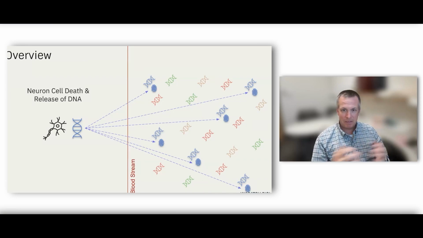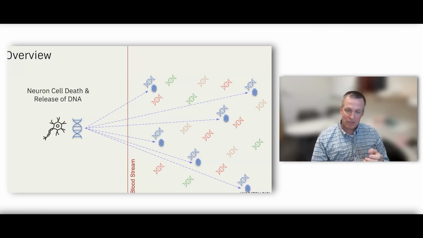The premise of this, as was mentioned before, is all focused on DNA methylation. DNA methylation literally acts like a fingerprint for individual cell types. And so if it is true that when cells die, they release their contents into neighboring tissues, in this case, neurons die, they release their DNA and other contents eventually into the blood where it gets degraded, then we have this small snapshot if we look at the cell-free DNA fraction of blood plasma of what cell types are dying in the body.